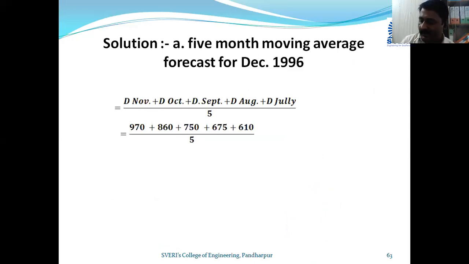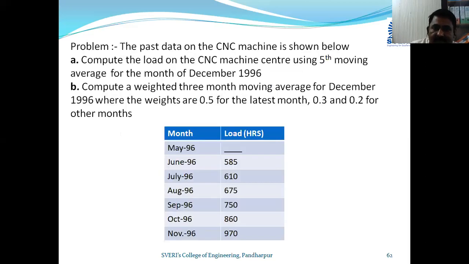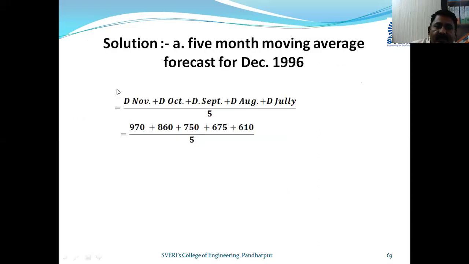Whatever the load, etc., it is in the language of numerical. What ultimately we require is nothing but the answer for January. 5-month average forecast. So what is asked, I will say here: load on CNC machine for the month of December.